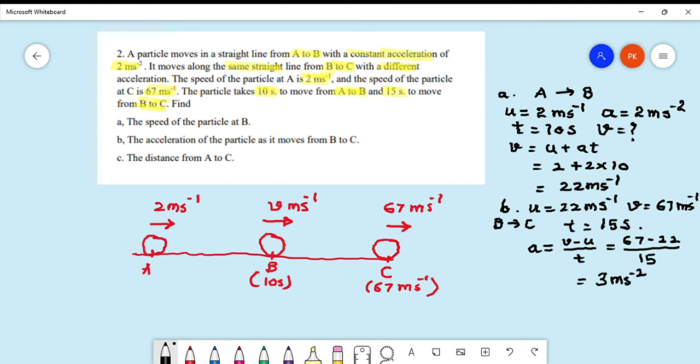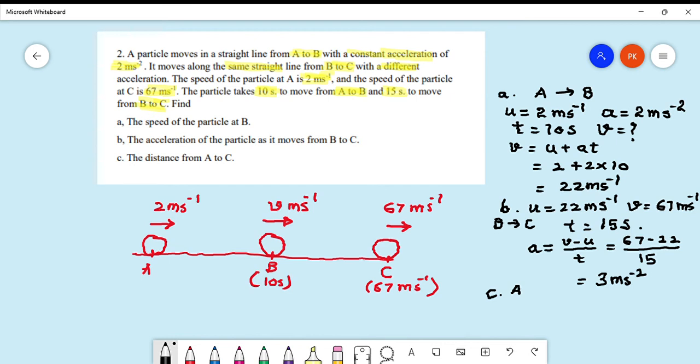And finally C. In C, I will consider the complete journey from A to C. But for the full journey I can't directly use the SUVAT equations because the acceleration is different.